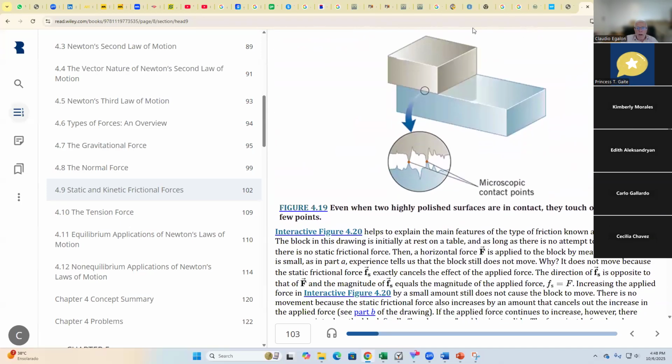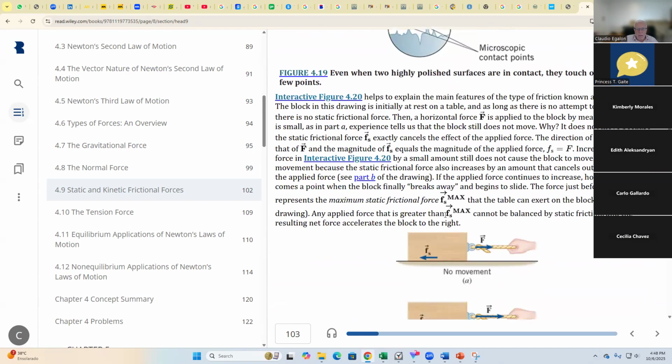Microscopically speaking, when you have two surfaces in contact, some microscopic non-uniformities produce this friction. If the two surfaces were completely polished, there would be no friction whatsoever. That's a good way of looking at it.